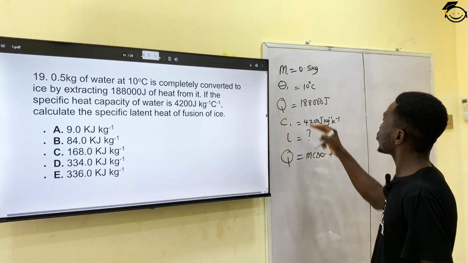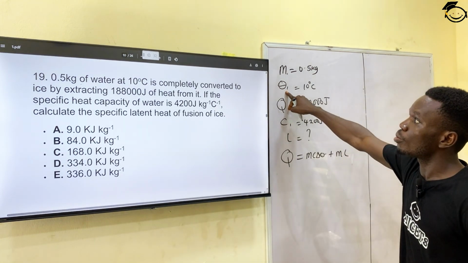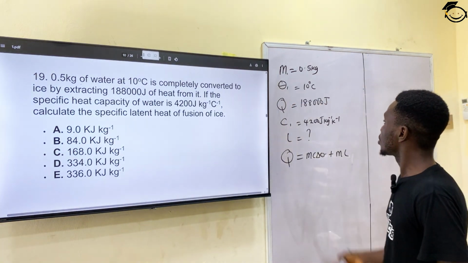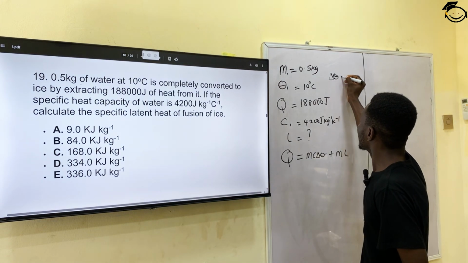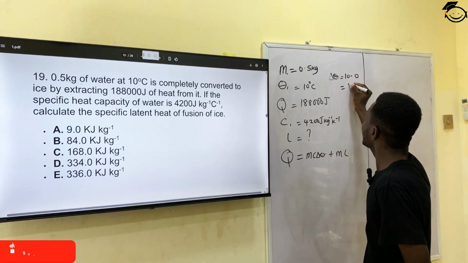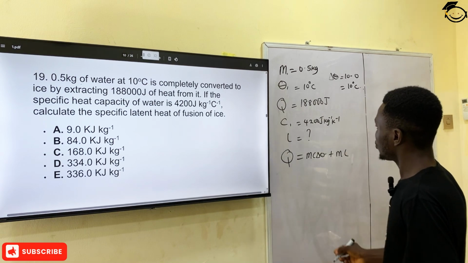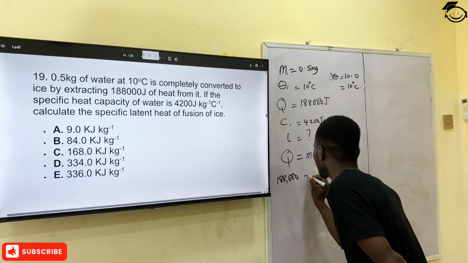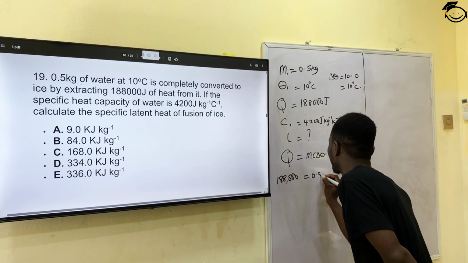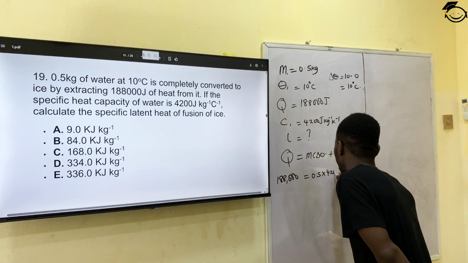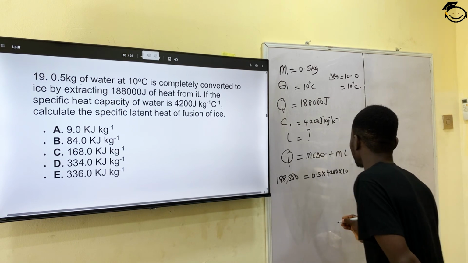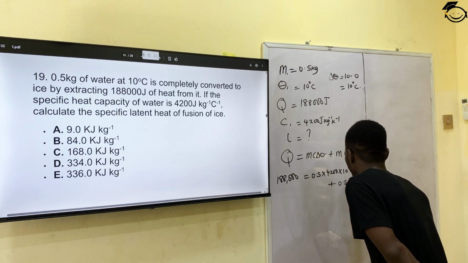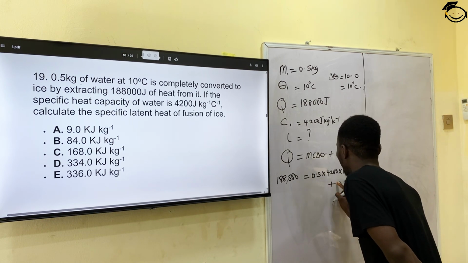Now remember that the body was cooled from 10 degrees Celsius to 0 degrees Celsius. So our change in temperature here is going to give me 10 minus 0, and that will give me 10 degrees Celsius. So if I input our values, it means I have 188,000 is equal to the mass here, 0.5, times the specific heat capacity, 4,200, times 10. This is plus the mass here, still 0.5, times our specific latent heat.